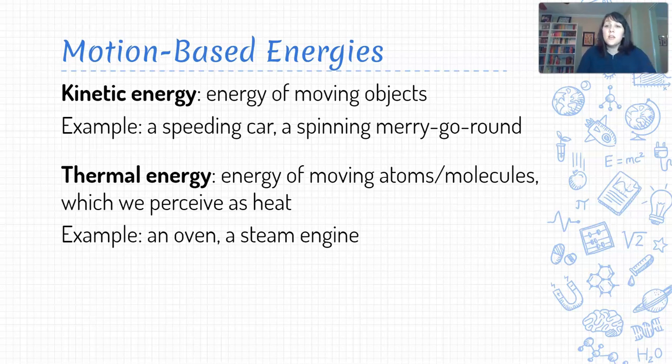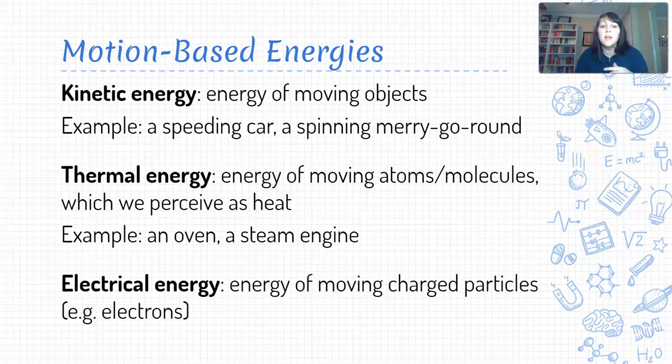Okay. Another example of a motion-based energy where we really have to think about the motion of itty-bitty particles would be electrical energy. If we think about what an electrical current is, when you plug something into an outlet, what's really happening is you are getting energy by getting charged particles to move.